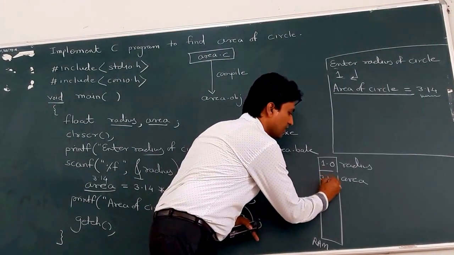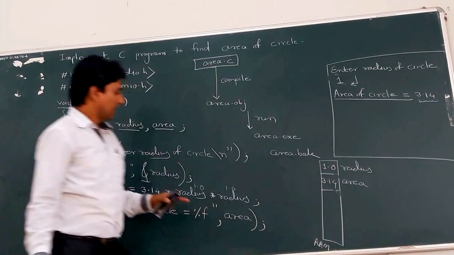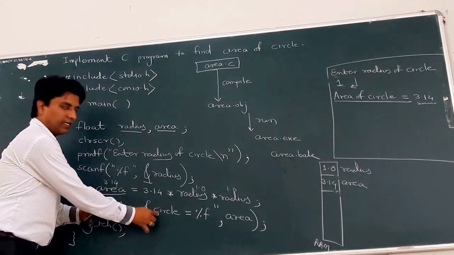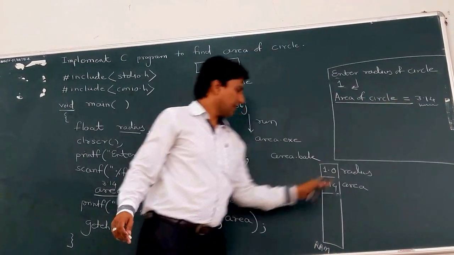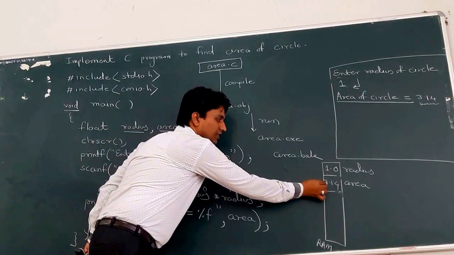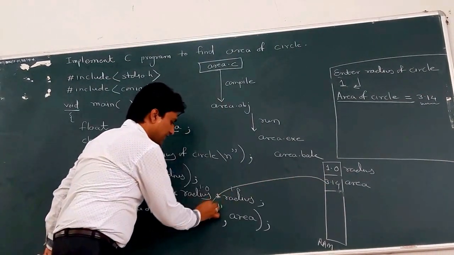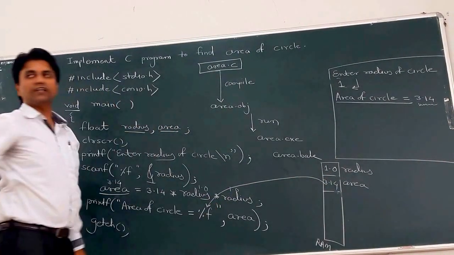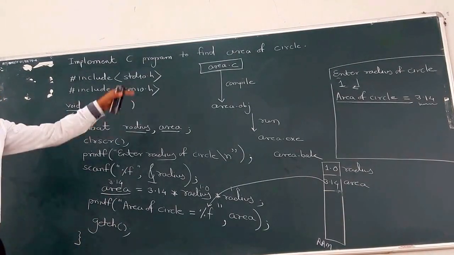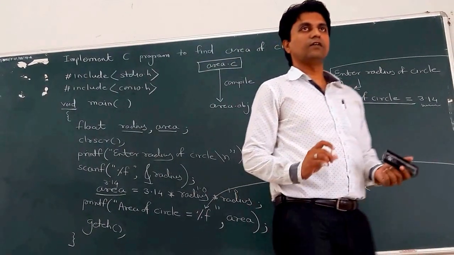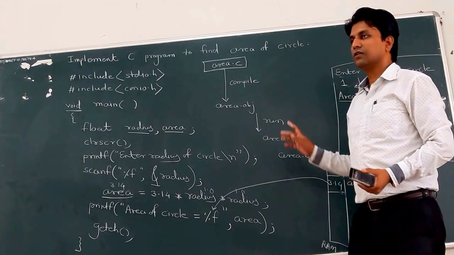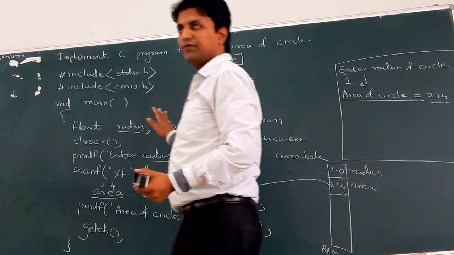After that, the message area of circle equal to is printed on the console, and whatever value is stored in area is displayed instead of %f. So that is your last output. Clear? Okay. So today we will stop here.